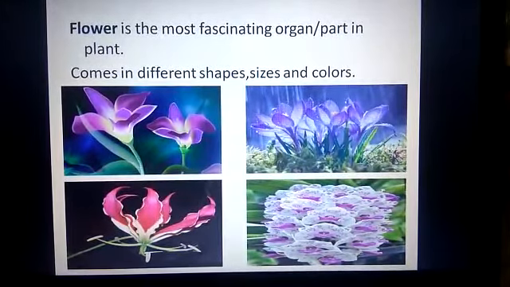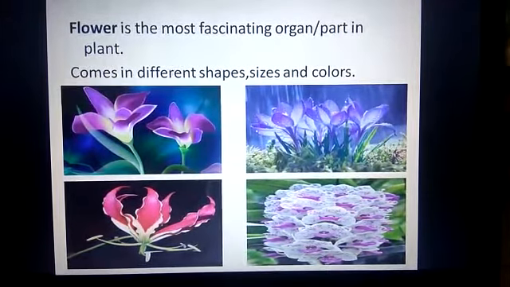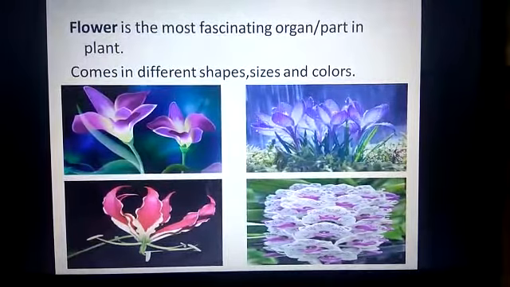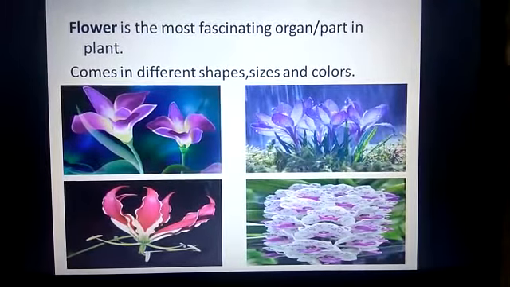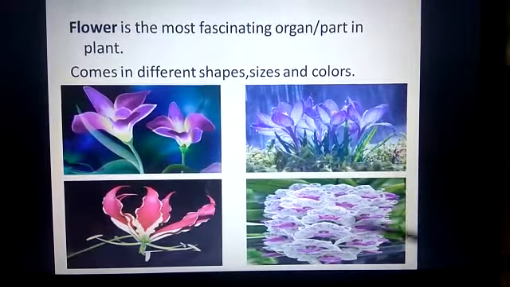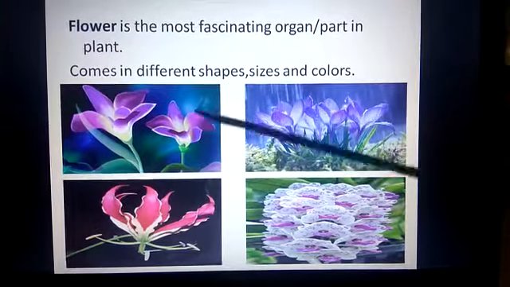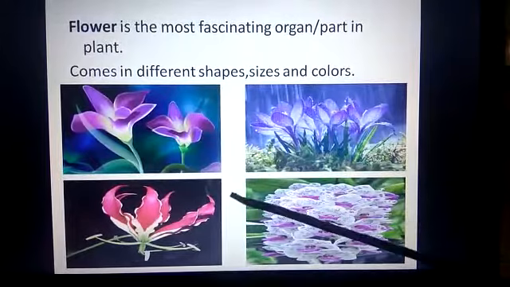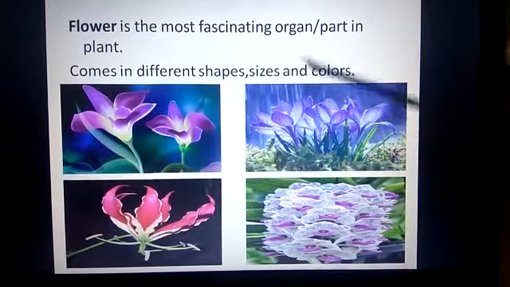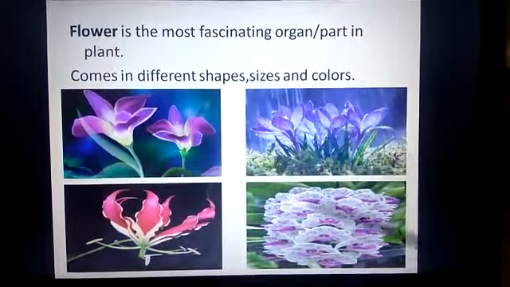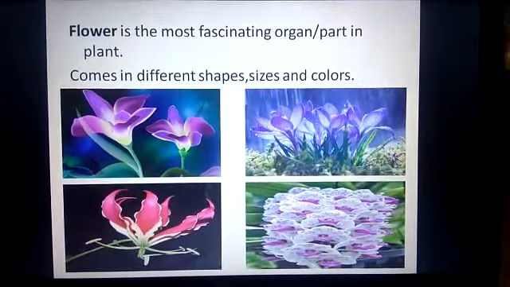Flowers come in different shapes, sizes and colors. Below are the pictures of 4 flowers, and all these 4 flowers are different in shape, size and color, and you can see that they look really beautiful.